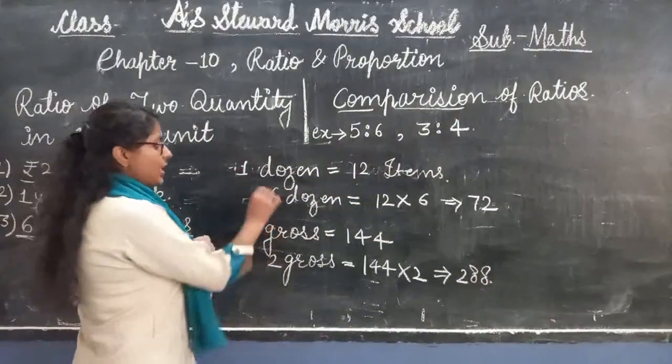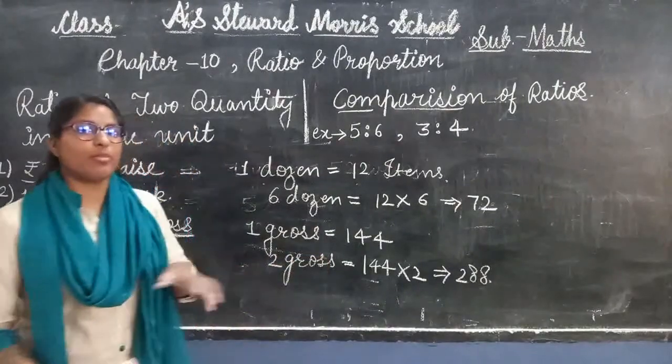So firstly we are converting both the units into the number of items.